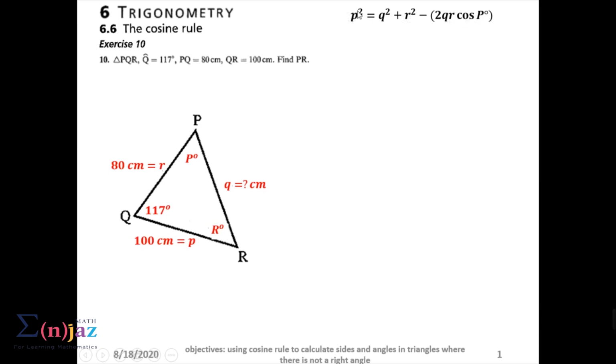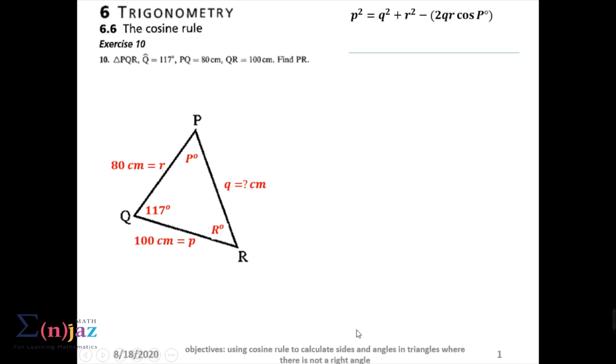Cosine of the angle of the side that you are trying to find. So you started with side p, so it's cosine P. Everything else is squeezed in between like a sandwich.